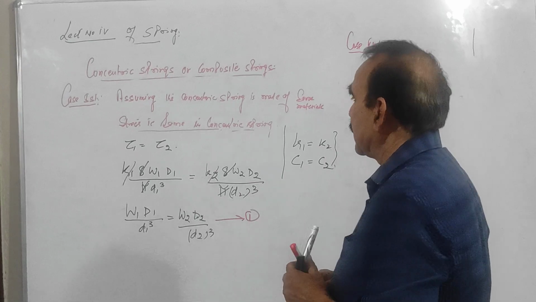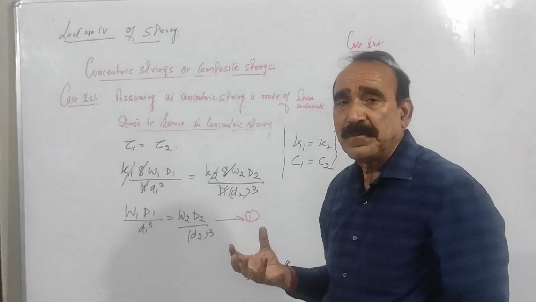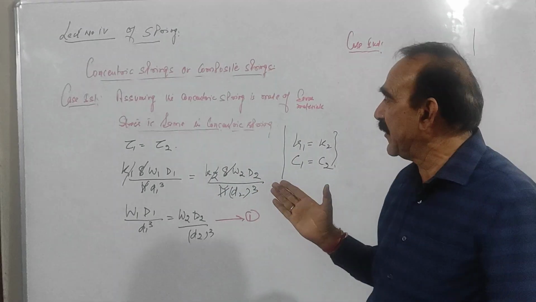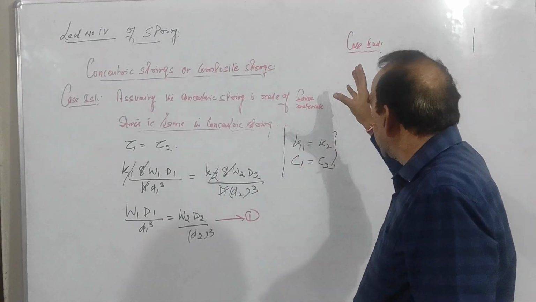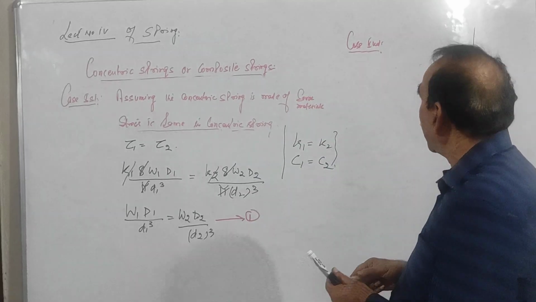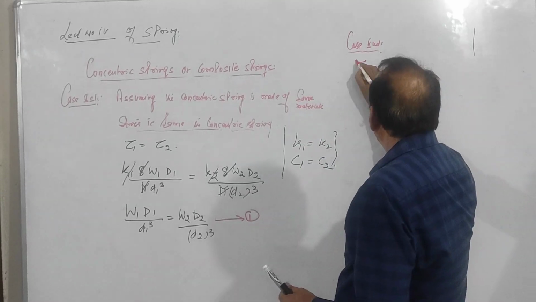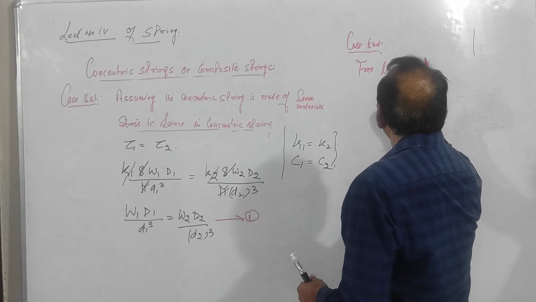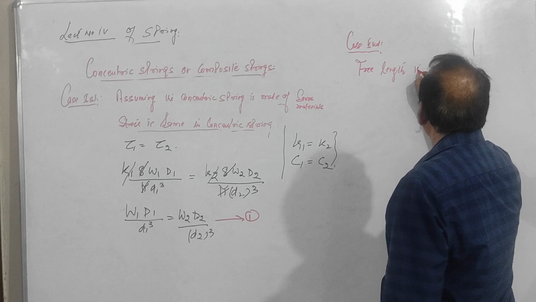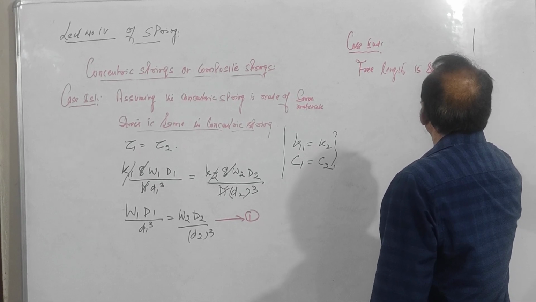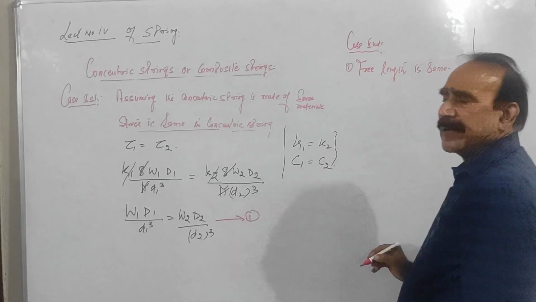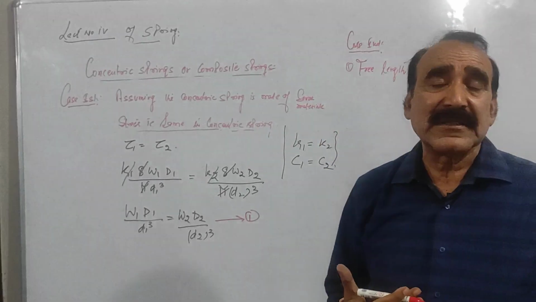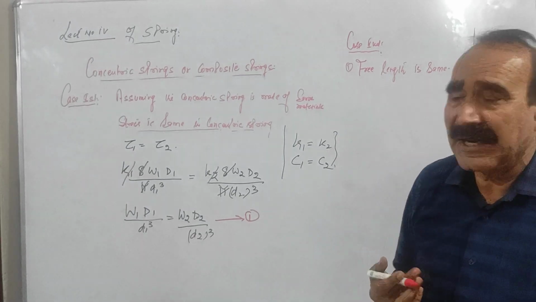If both the springs are effective throughout its working, अगर इसकी वर्किंग के हिसाब से देखें तो ड्यूरिंग वर्किंग क्या होगा? इनका फ्री लेंथ जो है, केस सेकंड में क्या है? फ्री लेंथ, मैंने बताया था आपको, फ्री लेंथ इज सेम, ठीक है, फर्स्ट कंडीशन, एंड दैट इज कंप्रेस्ड इक्वली. दैट इज कंप्रेस्ड इक्वली मींस इट्स डिफ्लेक्शन इज सेम, राइट?